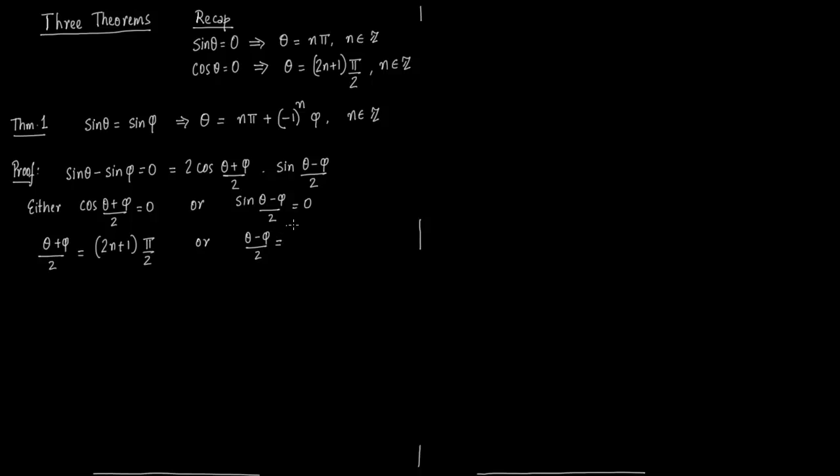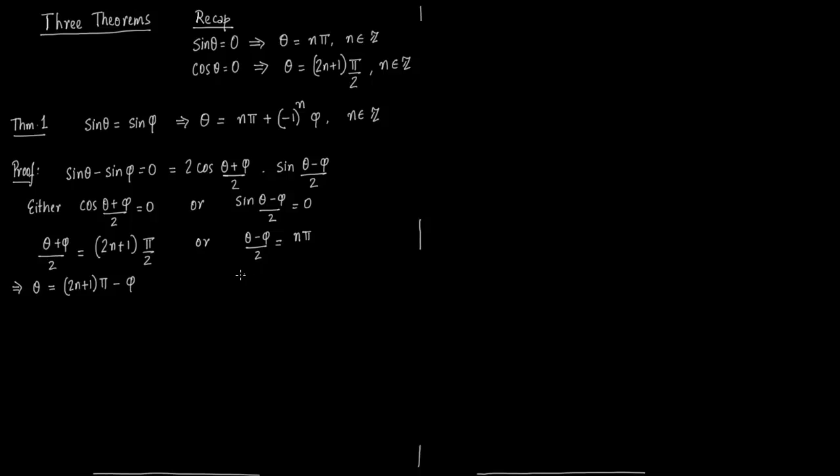This we are just copying from the recap, where n is an integer. So you multiply both sides by 2 and you get 2n plus 1 times pi, and then you subtract phi from both sides. So you get theta equals 2n plus 1 times pi minus phi.